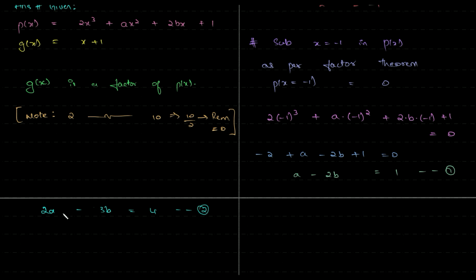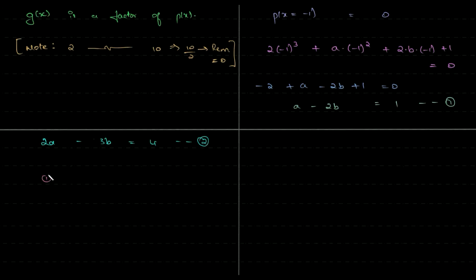Now what should we do? Equation 1 and equation 2. Multiply equation 1 with 2 and subtract with equation 2. I hope you guys got that. By now you guys will be used to all of this. So we have 2a minus 4b is equal to 2, and this is 2a minus 3b is equal to 4.